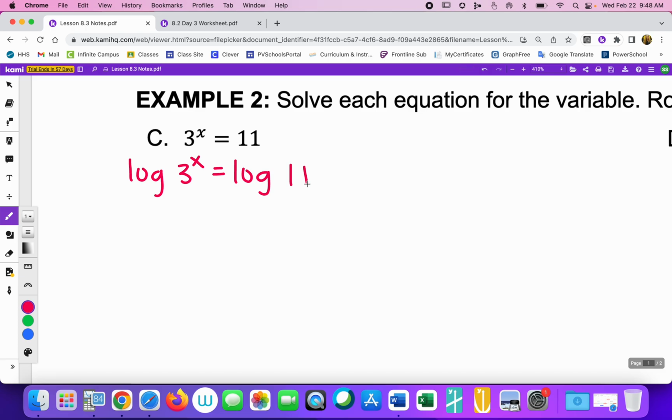Okay. Now, I want x out of the exponent, so how do I make that happen? You expand it. So yesterday we were condensing everything down. Today you're going to be expanding because we need the exponents to go away. So that x will come down in front. So x log 3 equals log 11.